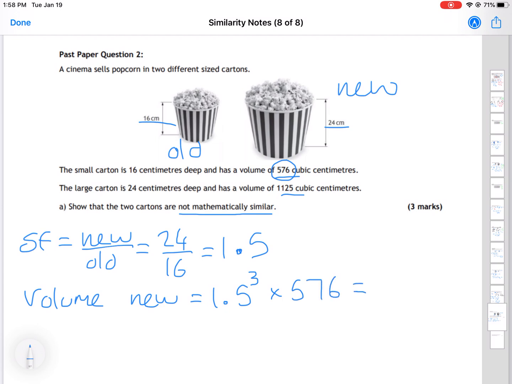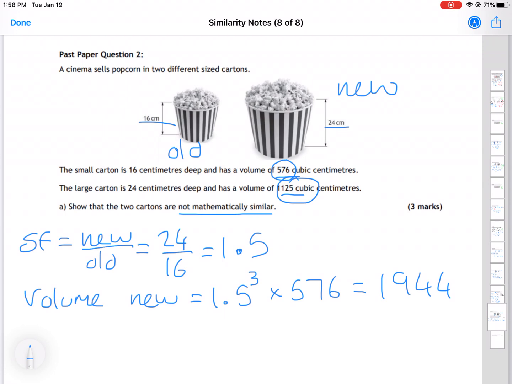So if we pop that into the calculator, see what we end up with for that. And we end up with 1944. Now, that's good in this case because it does not match up with the 1125 that we're given.